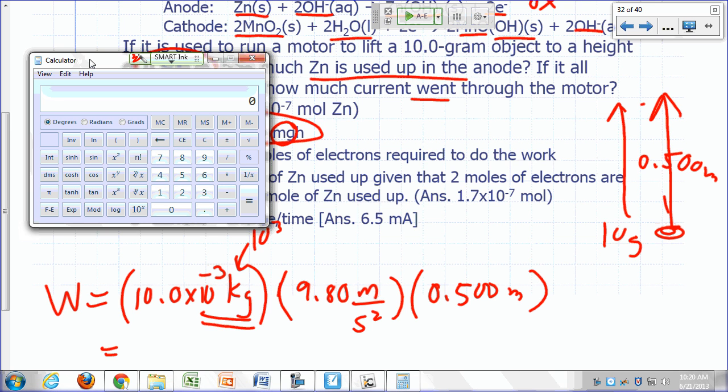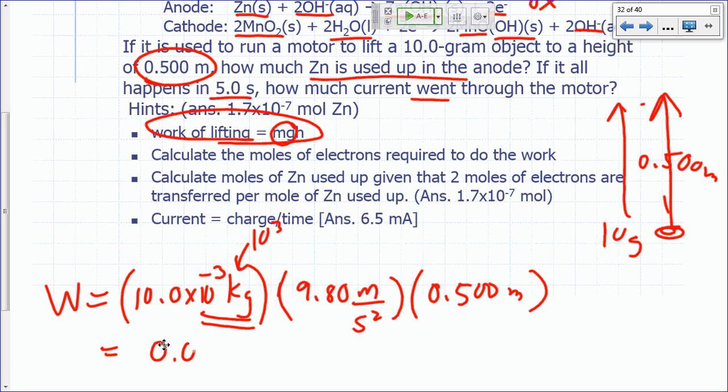So 0.01 times 9.8 times 0.5 gives 0.049 joules. Kilogram meter squared per second squared is a joule. That is the work that you need to do.